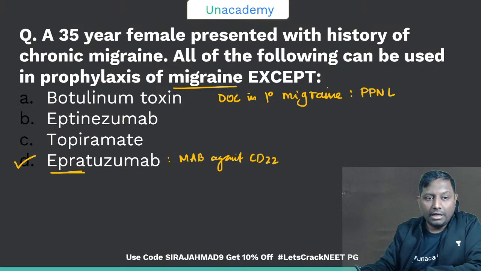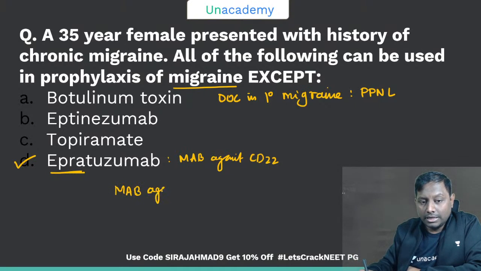Topiramate and Actiniumab can also be used. Remember, there are certain monoclonal antibodies approved against migraine. Actiniumab is one monoclonal antibody that has been approved.